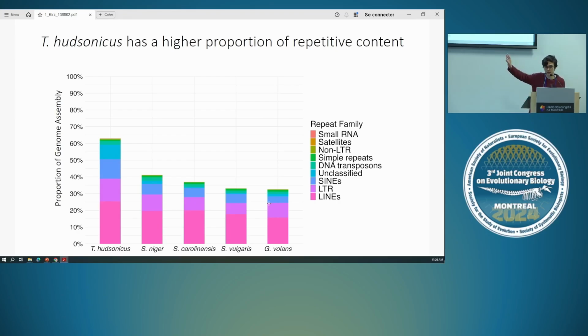One of the things that I think this figure doesn't do justice is that because we're adjusting for genome size, the actual absolute increase in this repeat content is larger than it even looks in this figure. Because if I were to extend the y-axis to capture the true number of base pairs that we're seeing here, it would be much larger, given that all of these other squirrels have assemblies that are about half the size.